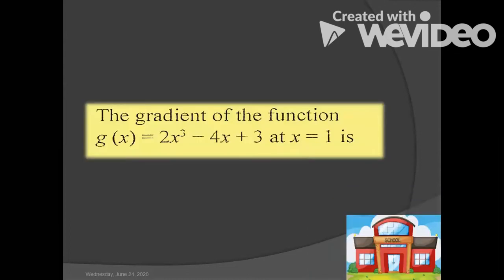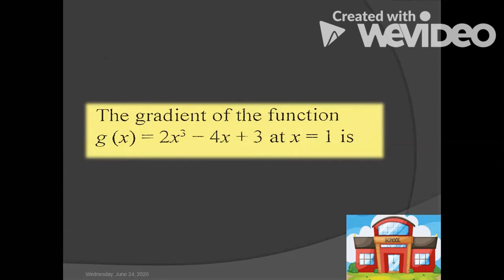This question now, we have a function, but there's no critical point. So this is just a point on the curve. It didn't mention turning point or critical point. So this is just a regular curve, and the point is just at x equal to 1.